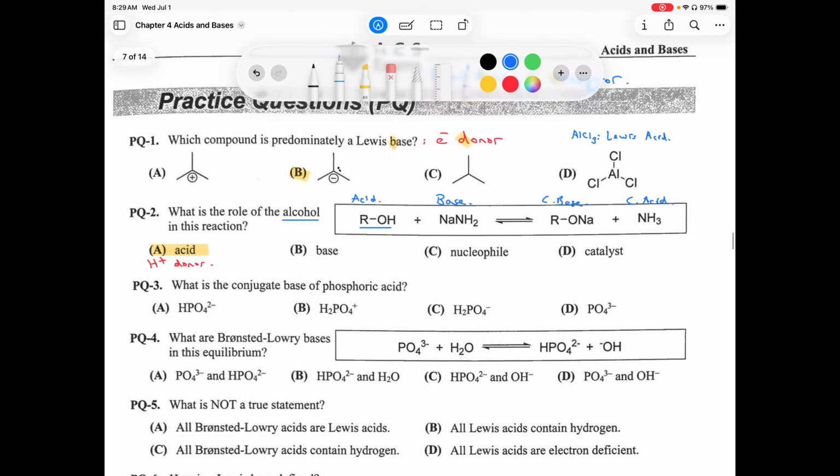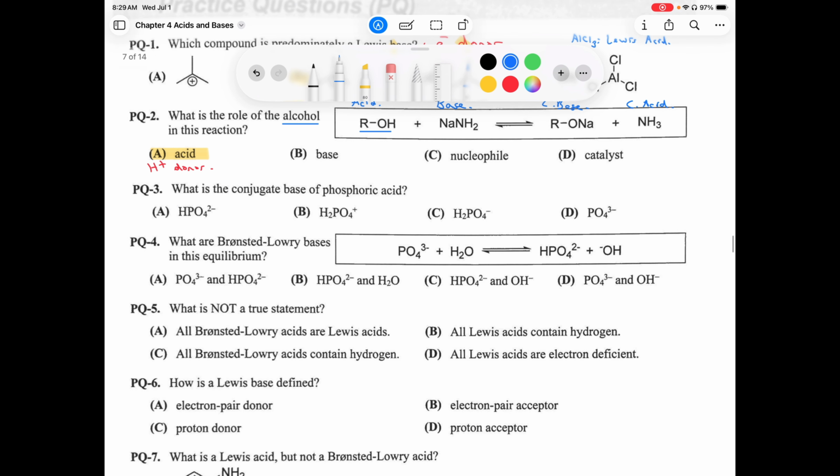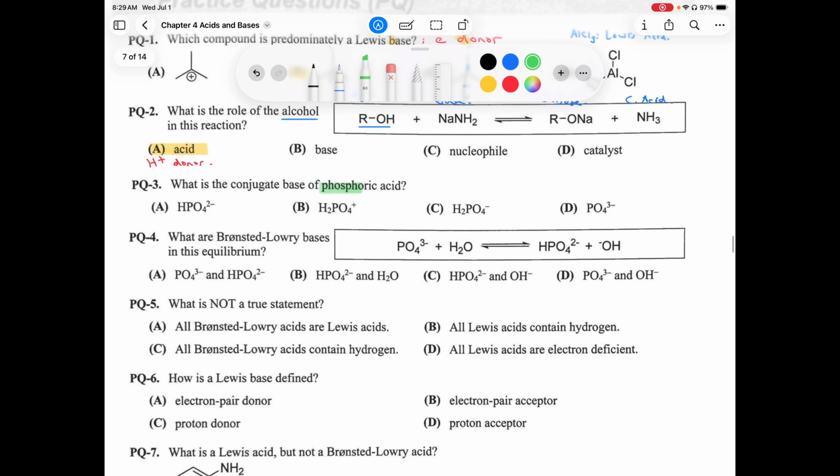Okay, question number 3. What's the conjugate base of phosphoric acid? Well, you need to have the names of acids memorized. You need to know what phosphoric acid is: sulfuric acid, hydrochloric acid, nitric acid, hydroiodic acid. I could keep going, but I'll stop there. And so as soon as you see phosphoric acid, you should be able to say phosphoric acid is H3PO4.